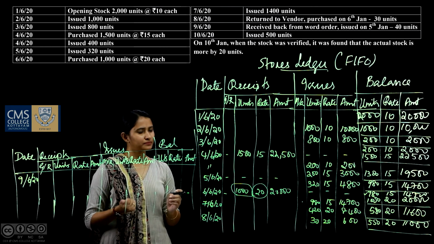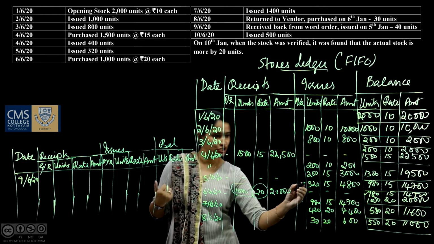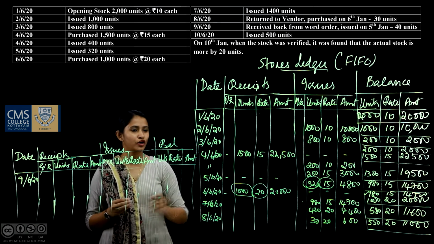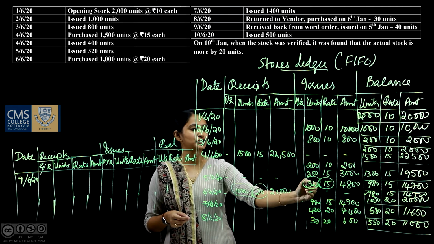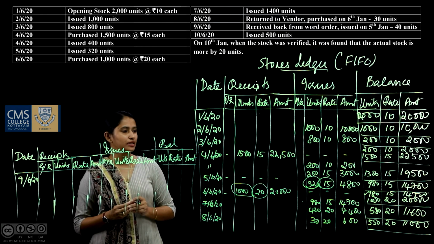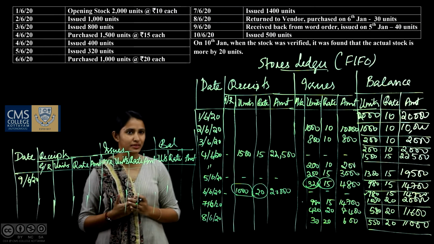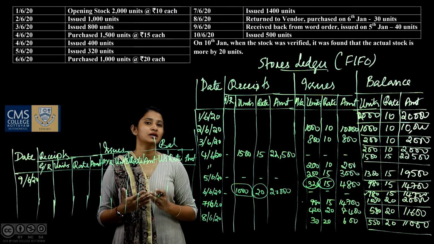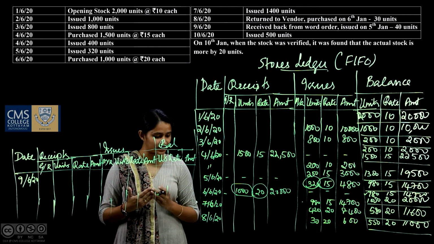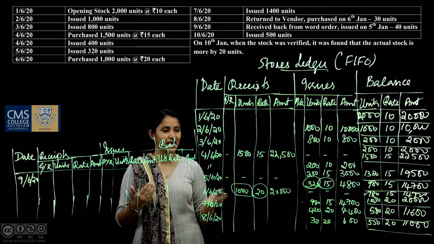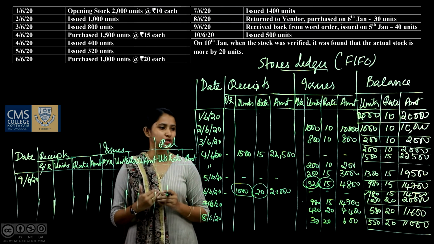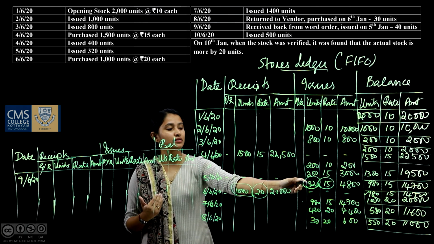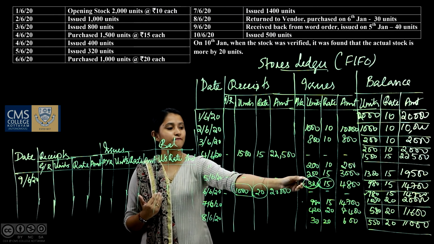So on 5th Jan, we made an issue of 320 units at rupees 15 per unit. So this was issued to the production department, and now because of some reason, maybe because they do not require 320 units, they are saying that the production department has returned to us 40 units from the 320 units which we issued on 5th June.